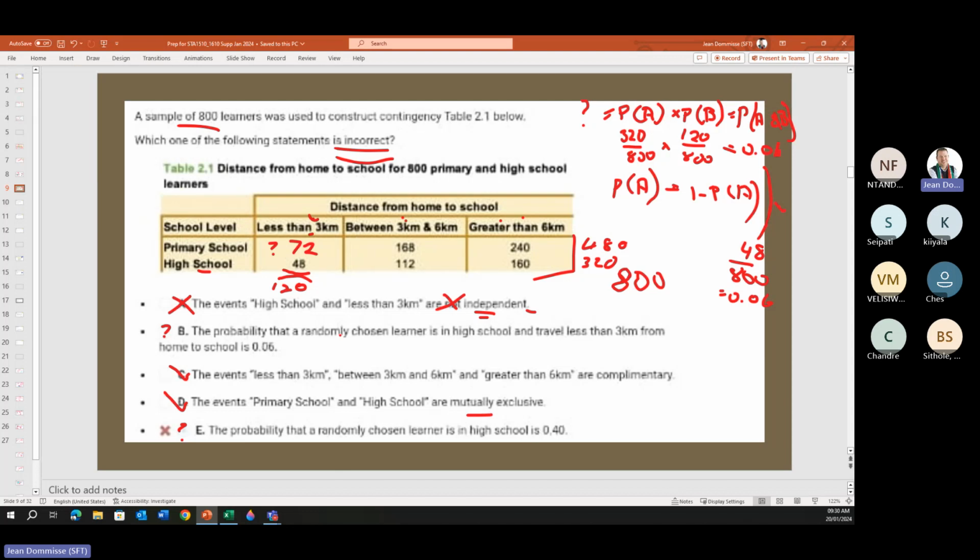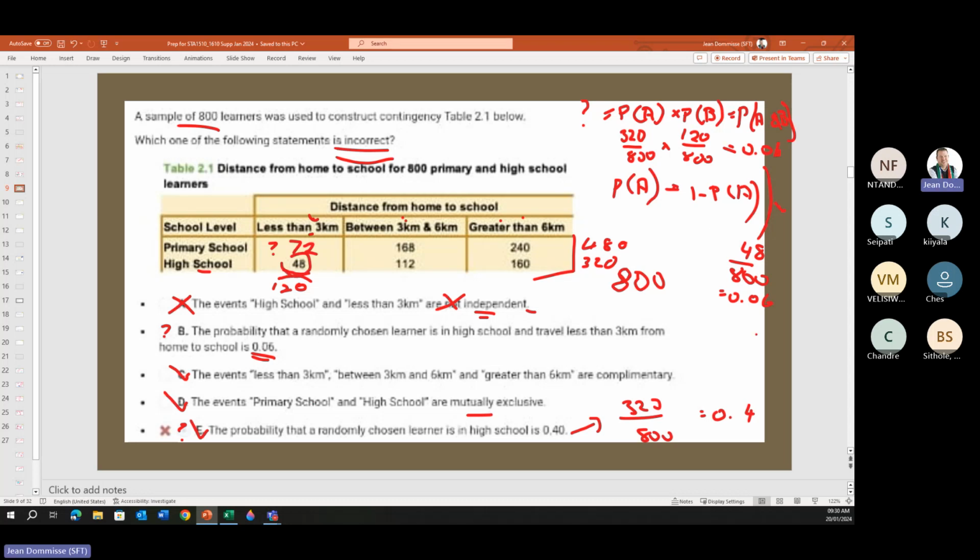But let's just work out the other two. The probability that a randomly chosen learner is in high school, that's probably the easiest one to work out. The probability of high school is 320 divided by 800, which is 0.4. The probability that a randomly chosen learner is in high school and travels less than 3 kilometers, they've given us to work out that also.